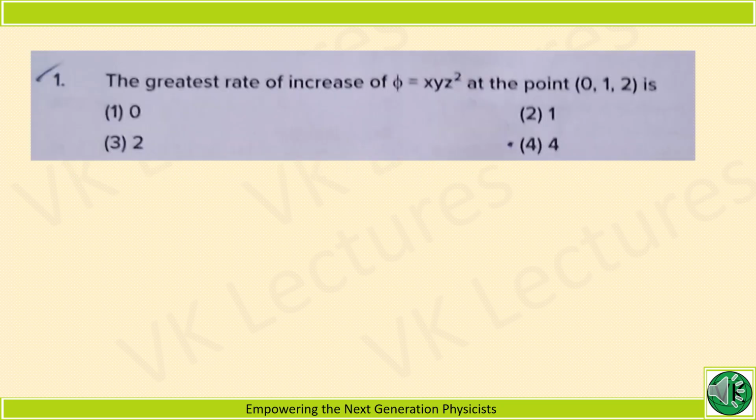The greatest rate of increase of phi equal to xyz square at point (0, 1, 2) is, the answer is option 4.